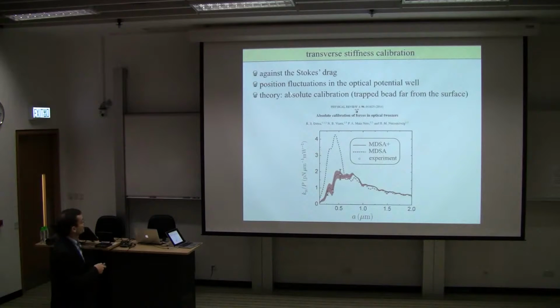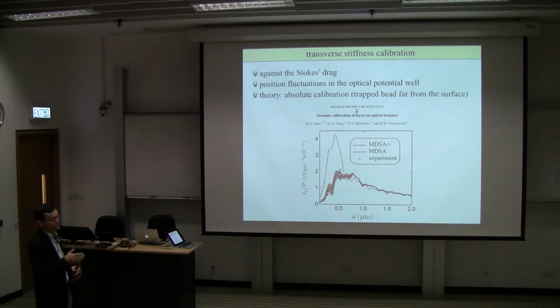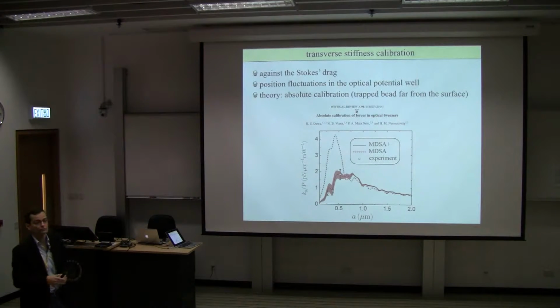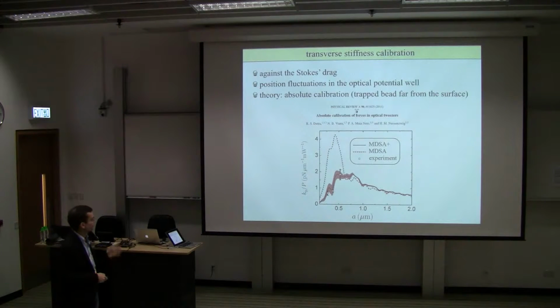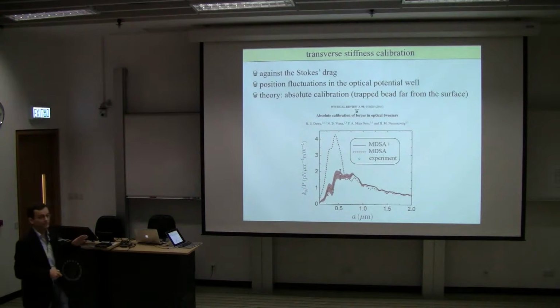There are other ways of calibrating this. We can also measure the position fluctuations and the spectrum of fluctuations of position. And also we can compare with theory. We have a very realistic theory for this optical force. This red line here is actually a kind of band. It's the theory that we have developed, and this data here is obtained by Stokes calibration. And you see that there is no fitting here, right? All the parameters we measure independently.